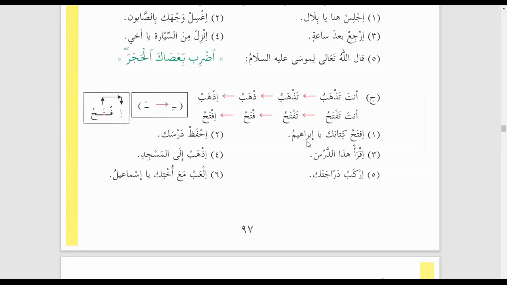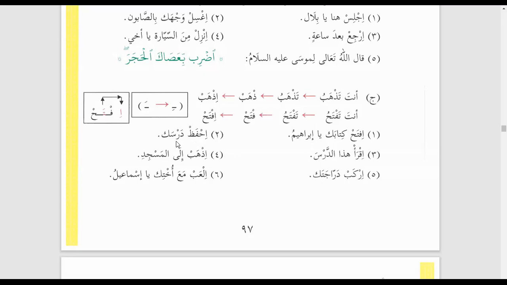For example, ya rajulu, ya imratu, ya Bilalu, ya Ibrahimu. However, after ya, if we have mudaf, mudaf ilayh, then it will be mansoob. Ya rabbal alameen, ya abdallah. Okay, sir. All right.